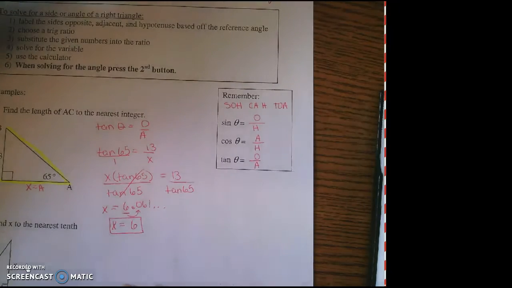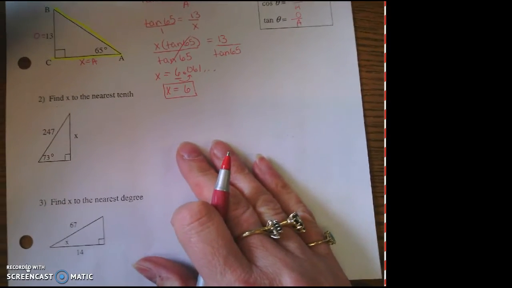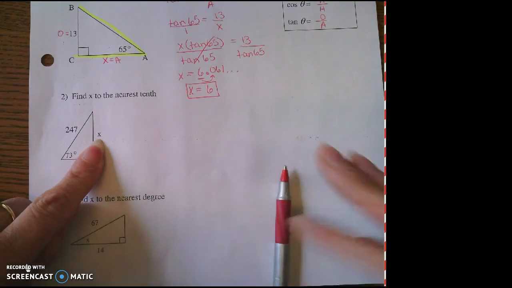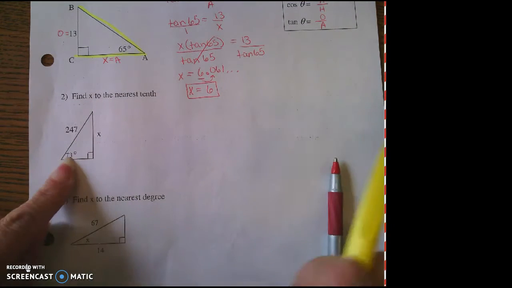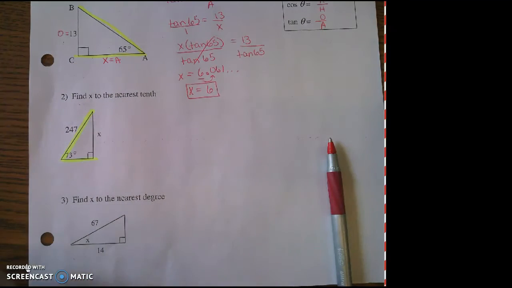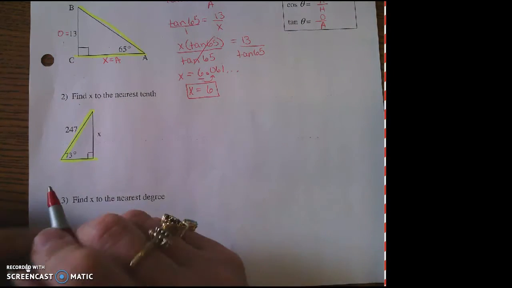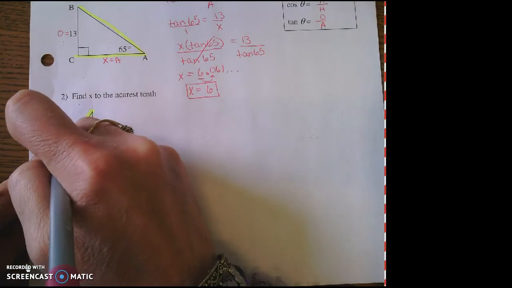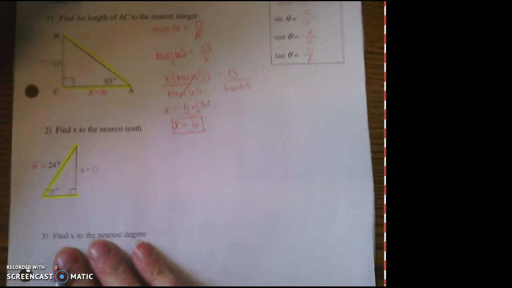All right, let's try number 2. Find X to the nearest tenth. All right, so in this problem, it's labeled already what we're looking for. I notice it's a right triangle. I have a reference angle, so I'm going to highlight my reference angle. Now I'm only going to label the sides I need. So X is my opposite, and 247 is my hypotenuse. So now I've got to pick a trig function.